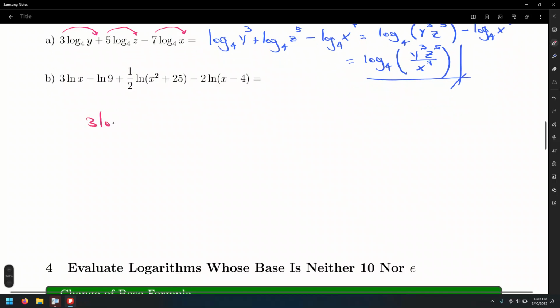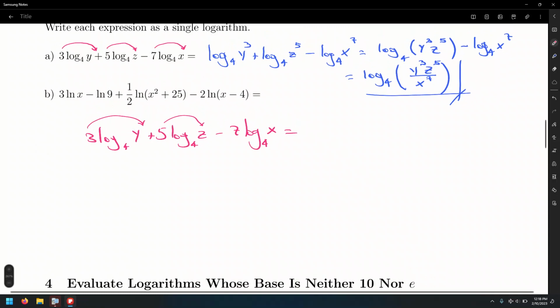So 3 log base 4 of y plus 5 log base 4 of z minus 7 log base 4 of x. So this will be, number 1, again, by the basketball rule, power, and in this case, as opposed to what I did in the first way, I'm going to send the 7 along with its negative sign.